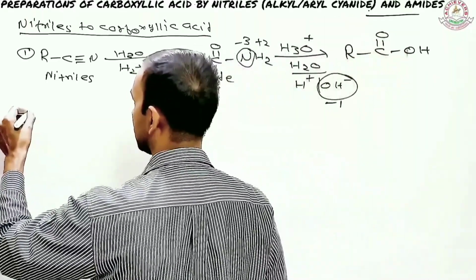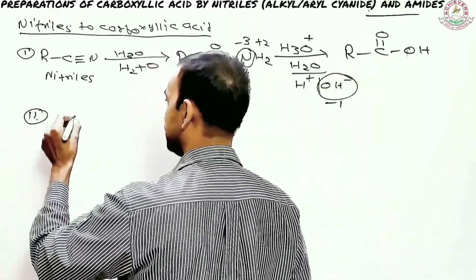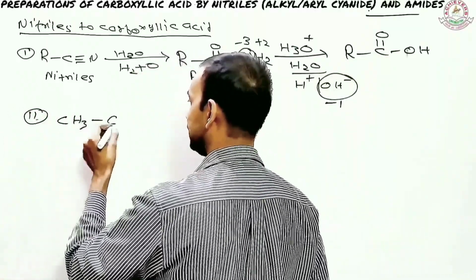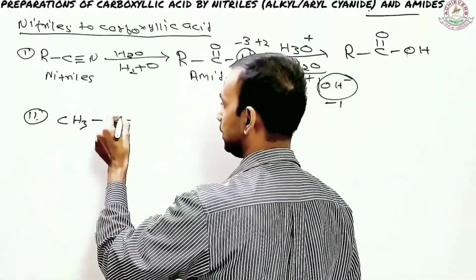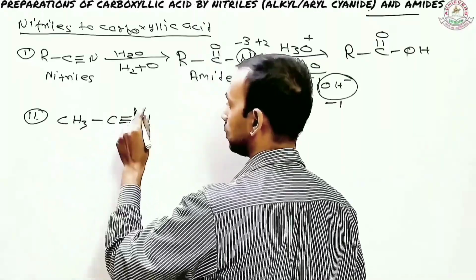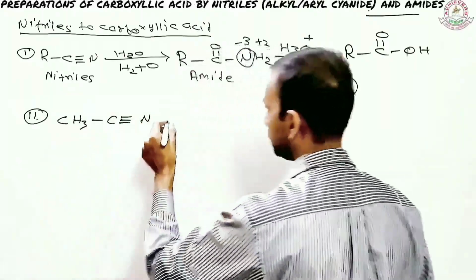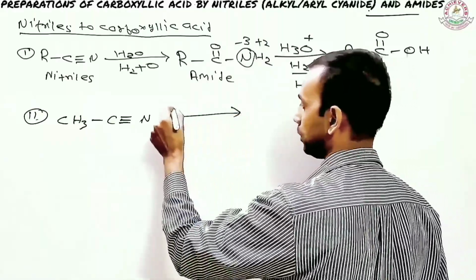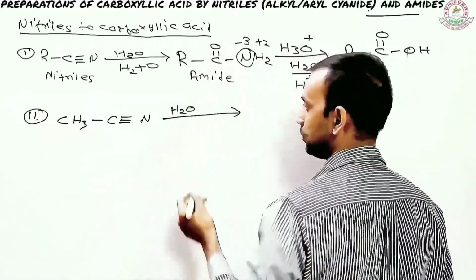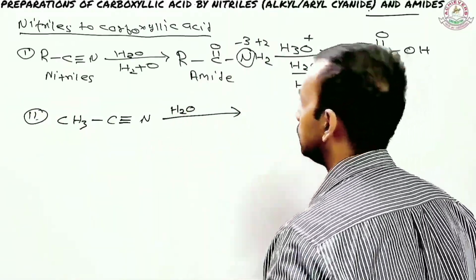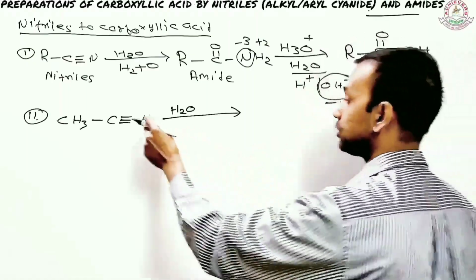Suppose I'm taking methyl cyanide, CH3CN. I could have taken any one. So this is your methyl cyanide. Now methyl cyanide reacts with water, and simply the same thing will happen.